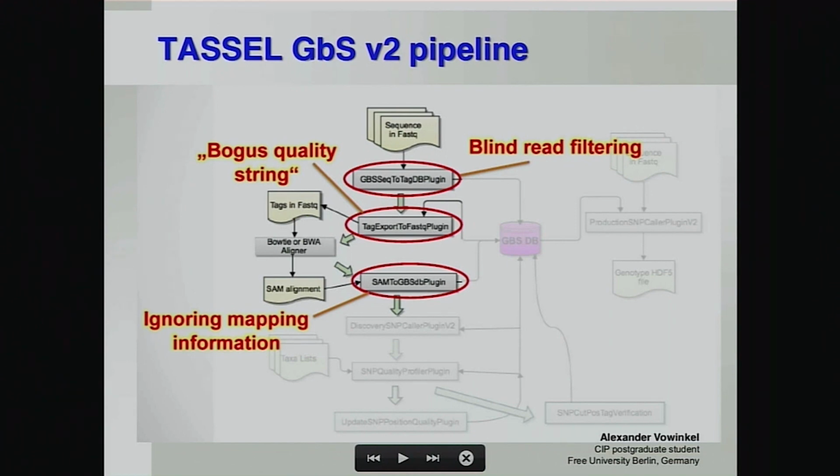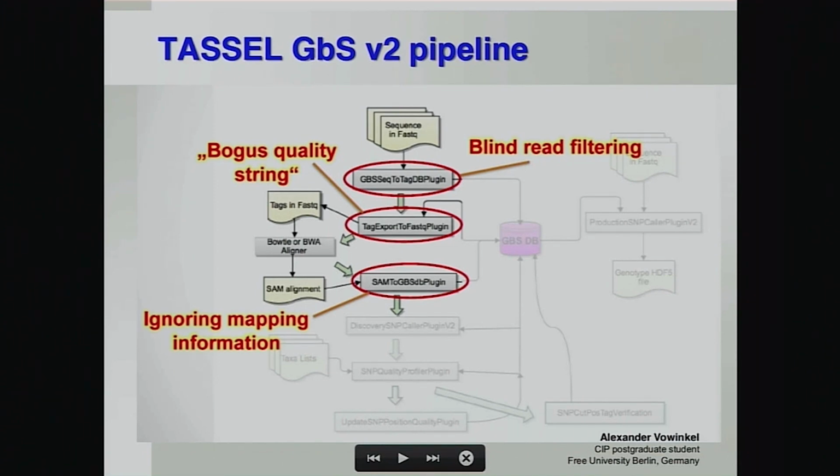Without paying attention, maybe they have reliable sequences until 200 base pairs, for example. That means they are probably losing useful information.